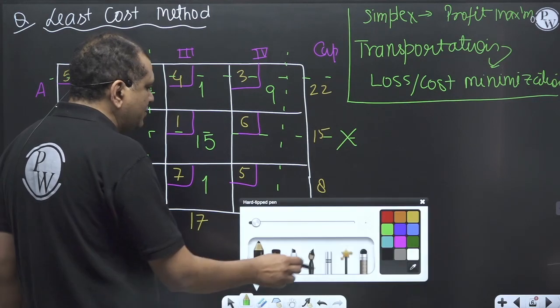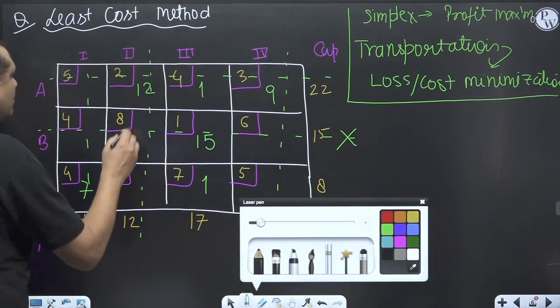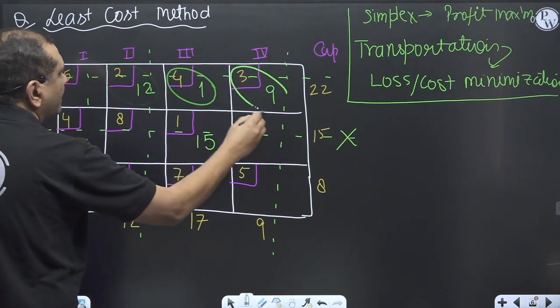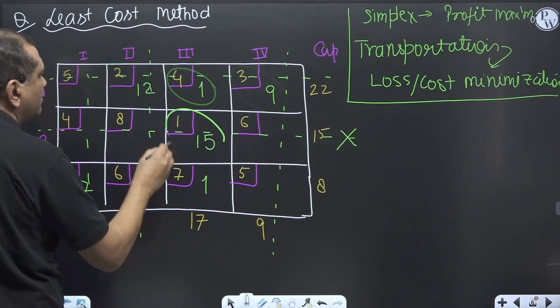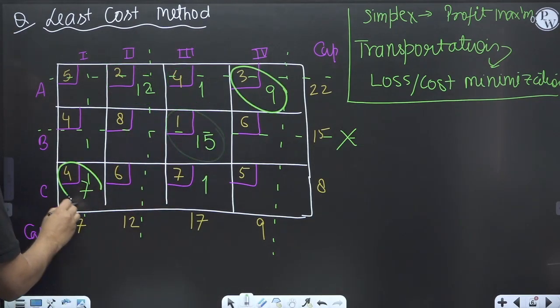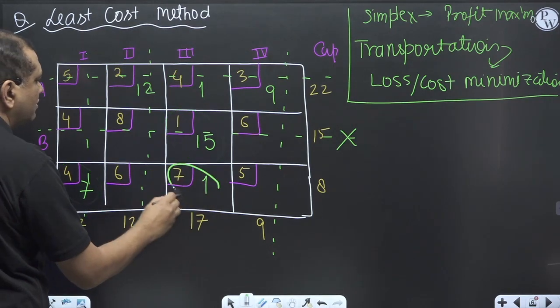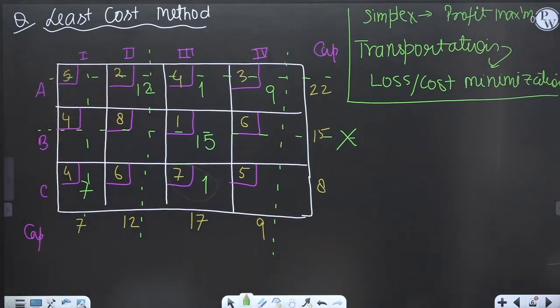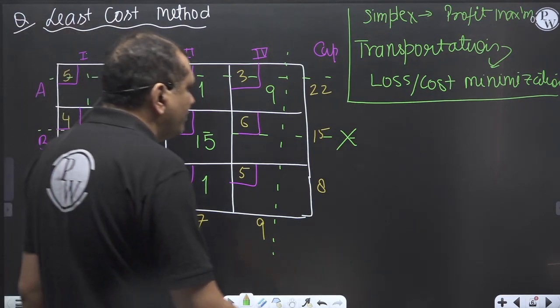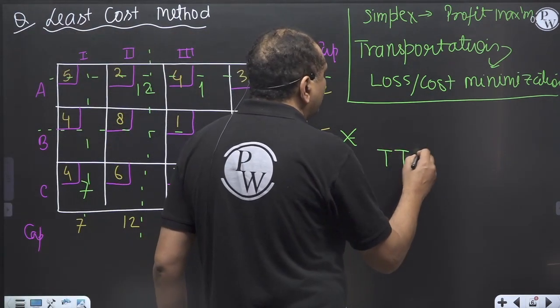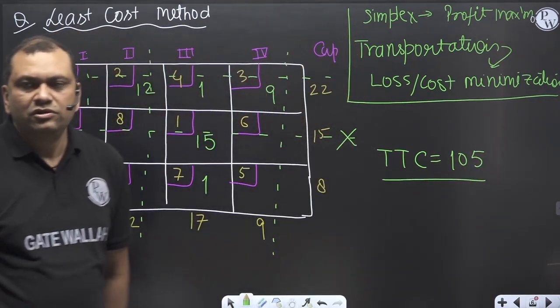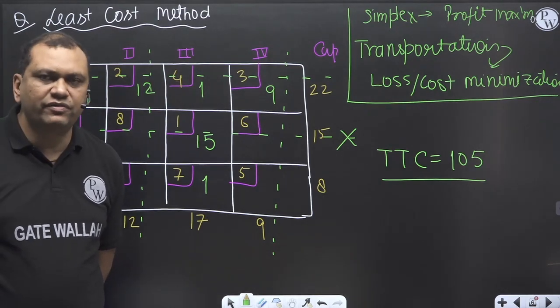Now for the total transportation cost: 2 into 12, 4 into 1, 3 into 9, 1 into 15, 4 into 7, and 7 into 1. If you do this multiplication and addition, total transportation cost is 105.